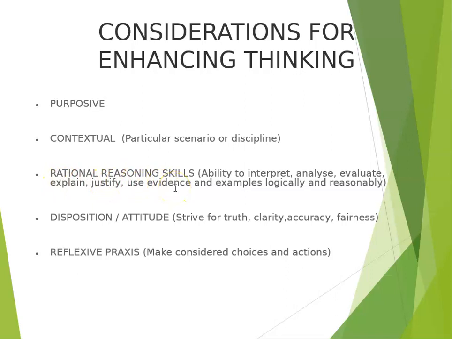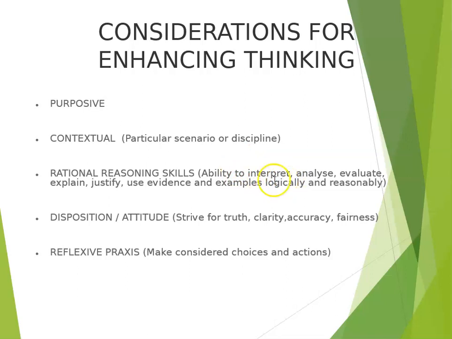Now, many scholars refer to such skills as the ability to interpret things, to analyze content maybe, to evaluate certain aspects of the subject, and then to be able to explain or justify those aspects. For example, the term interpret could mean very different things in different subjects.